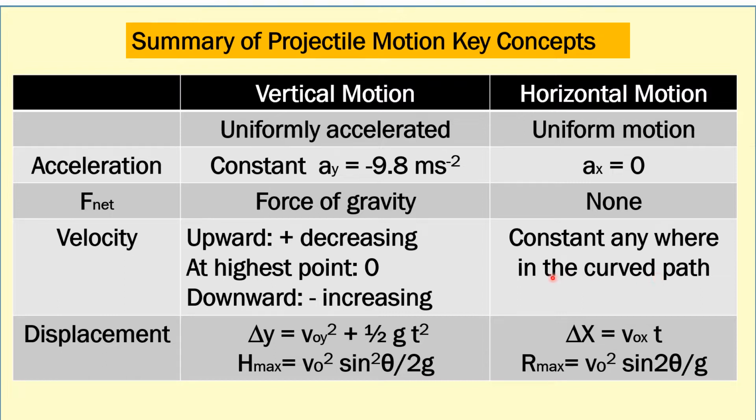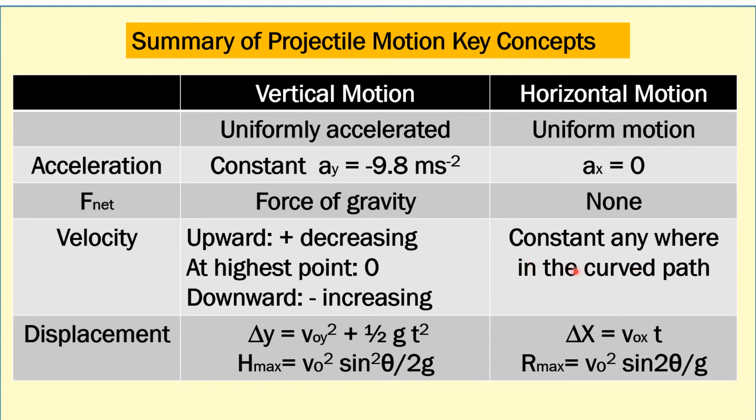The horizontal component of its velocity is the same all throughout the curved path. We normally represent this with the symbol v sub x, and this v sub x is always constant. It doesn't change. A usual misconception.